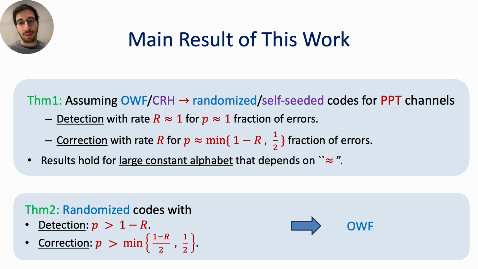So any randomized code with any parameters, either detection or correction, that beats the Singleton bound will imply one-way functions. And this is also true for the self-seeded codes. If you had a self-seeded code that in any way bypasses the Singleton bound, then it implies collision resistant hash functions. Okay, so the results are tight. These primitives imply these results, and anything non-trivial would imply this primitive.